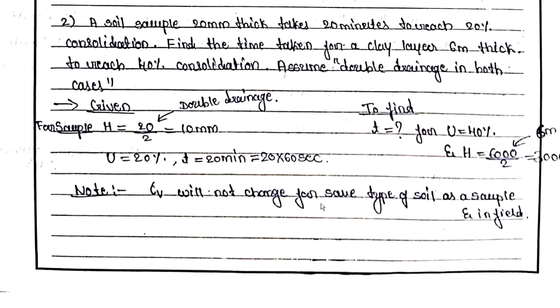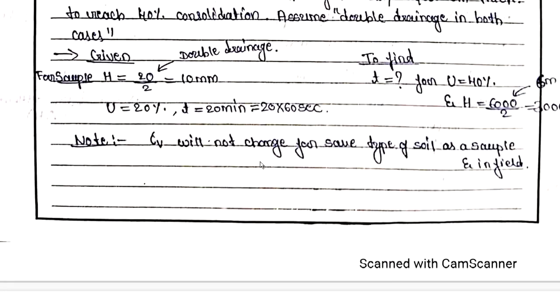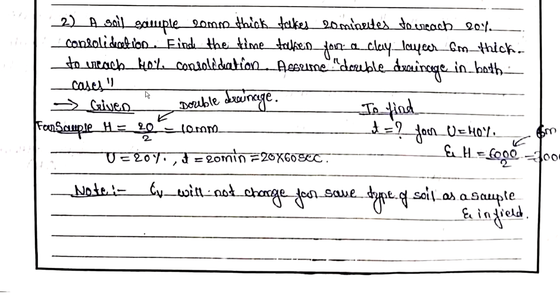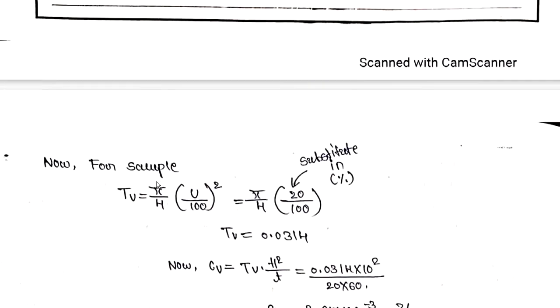For a particular type of soil, CV will remain constant in the soil sample and also in the field. So CV for the 20 mm layer is the same as CV for the 6 meter layer. So we have to find CV first.